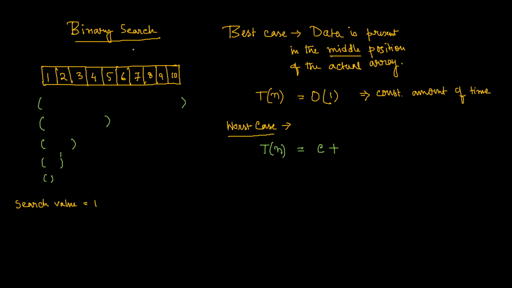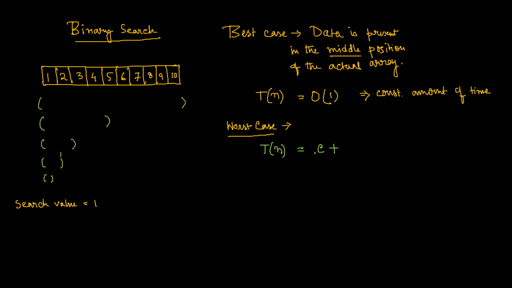So the time taken to execute on this entire data set will be equal to finding the middle position plus the time taken to execute the search for 1 on this half of the part, because I can see that 1, the search value, is obviously not present after 5, so I am decrementing the search space by 2.